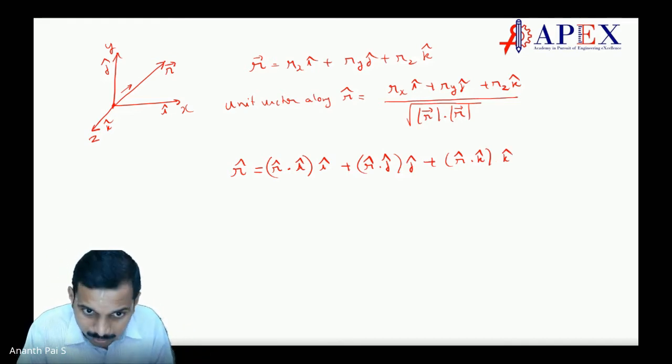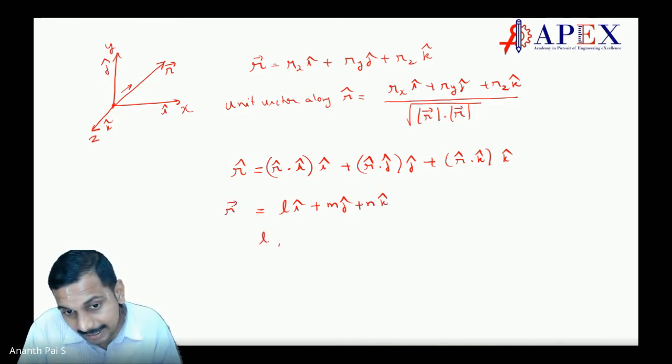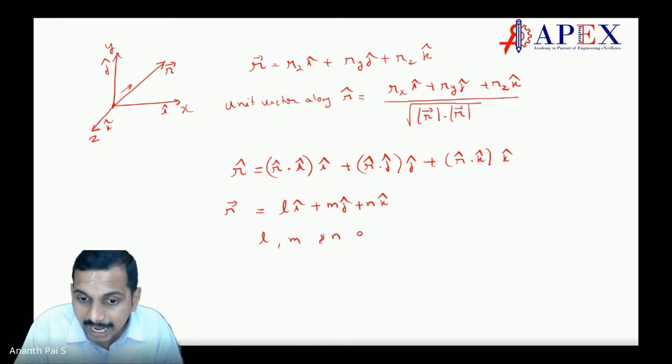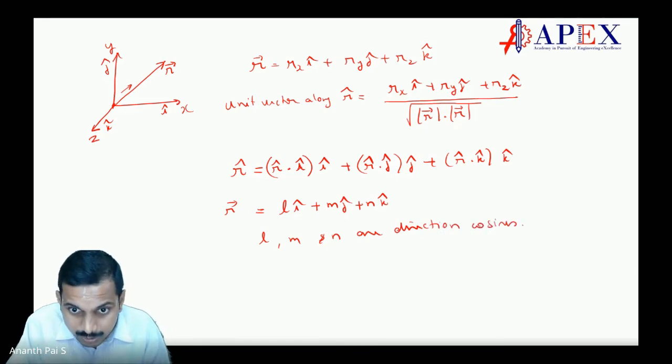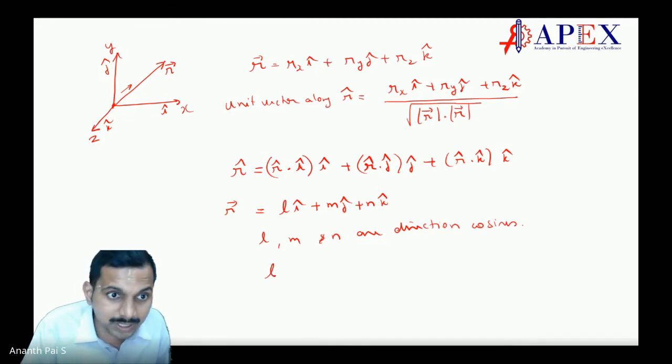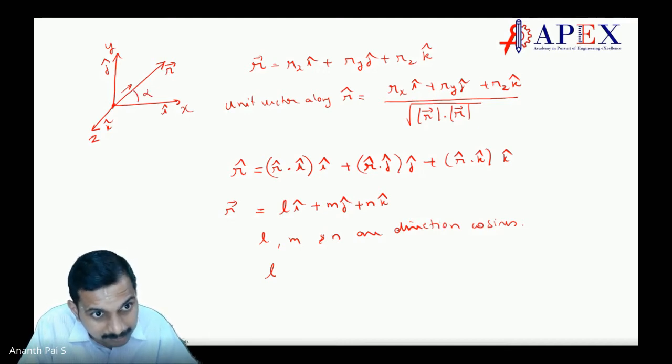Now this unit vector can be written as L i plus M j plus N k, where L, M and N are direction cosines. Make sense, students? Let alpha be the angle it makes with the x axis, beta the angle with the y axis, and gamma the angle with the z axis.